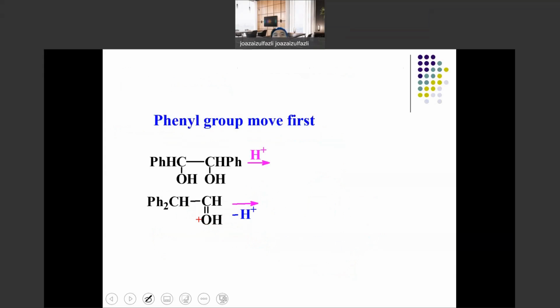When it involves a phenyl group, the phenyl group will move first.